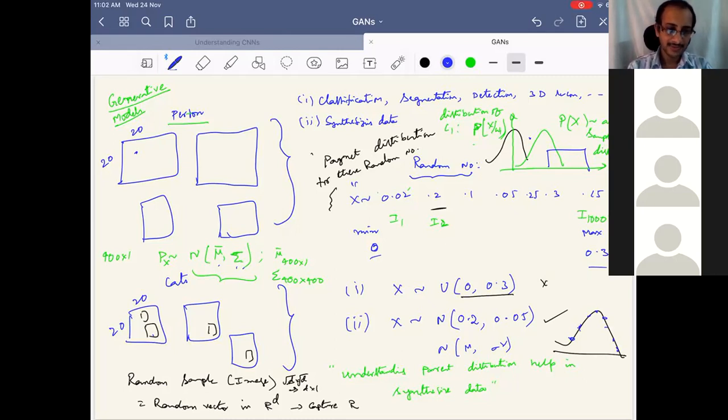Sir, but here we are doing pixel-based sampling, so we might get images where half of the cat is in the bottom right and half in the bottom left. See, we are not doing pixel-based sampling. The sample itself is the whole image, all pixels. Aren't we choosing pixels independently? No, we will not look at pixels independently.